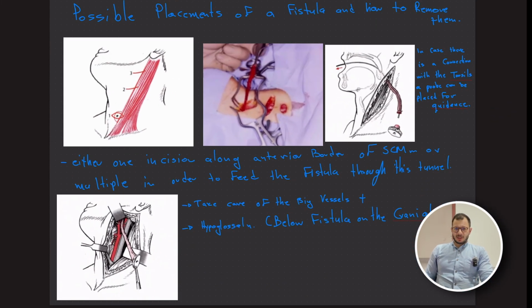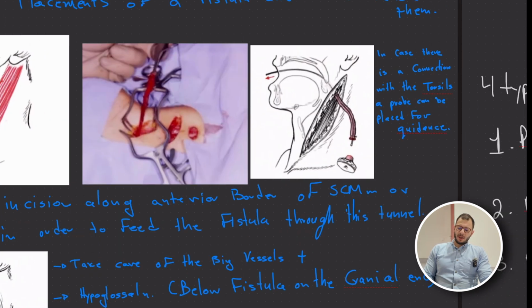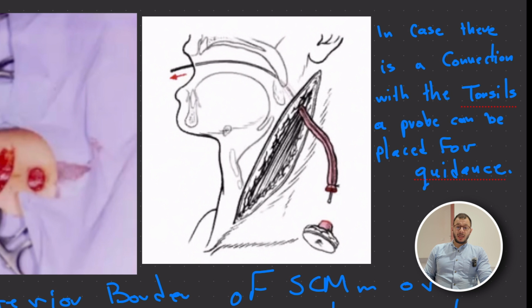For inexperienced surgeons, it will be better to do a larger incision. For the experienced surgeon, the small multiple incisions will be better for the aesthetically pleasing result at the end, especially in children. Now, if you can see the fistula, you can use methylene blue in order to mark its territory, and use a probe in order to see if it's coming out through the mouth and if you will need to remove the tonsil.